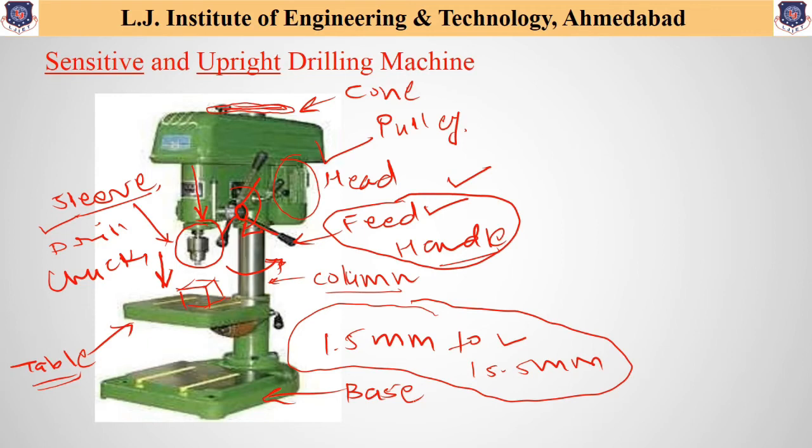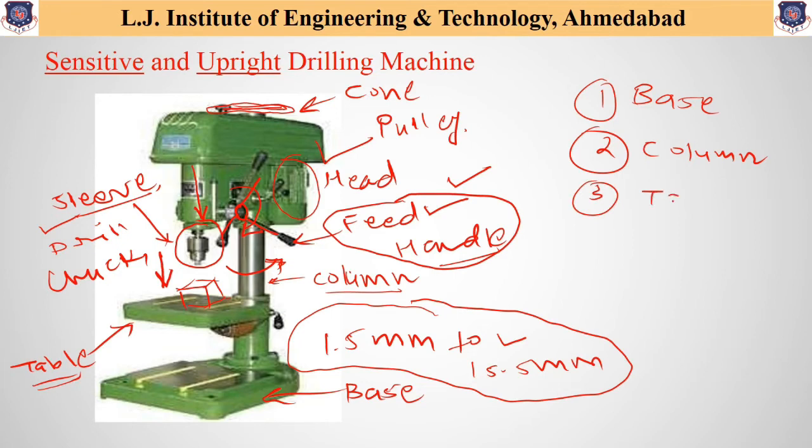So if we further summarize the different parts available in the drilling machine, first one, that is the base. Second one, that is the column. Third one is the table. Fourth one, that is the head.